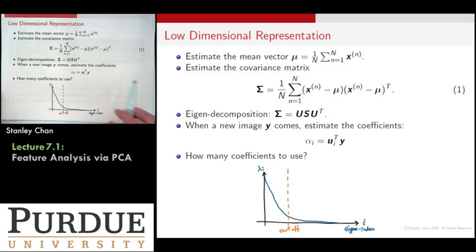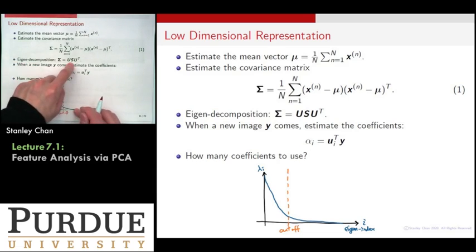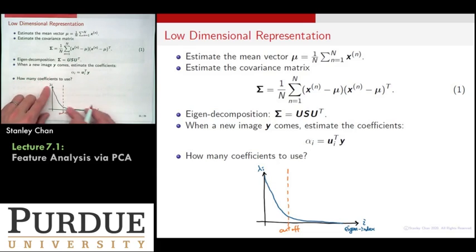And you can ask, how many eigenvectors should I actually keep? The simplest way to do this analysis is to plot the eigenvalues of this S matrix and look at the spectrum. The x-axis is i, the eigenindex, and the y-axis is the value inside this S matrix. You plot it out. Typically, you will have a few very, very big eigenvalues in this matrix, and then the rest will go down and eventually go to 0.